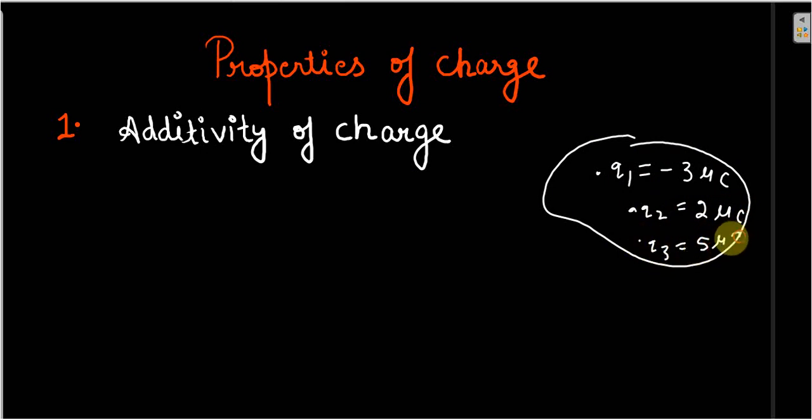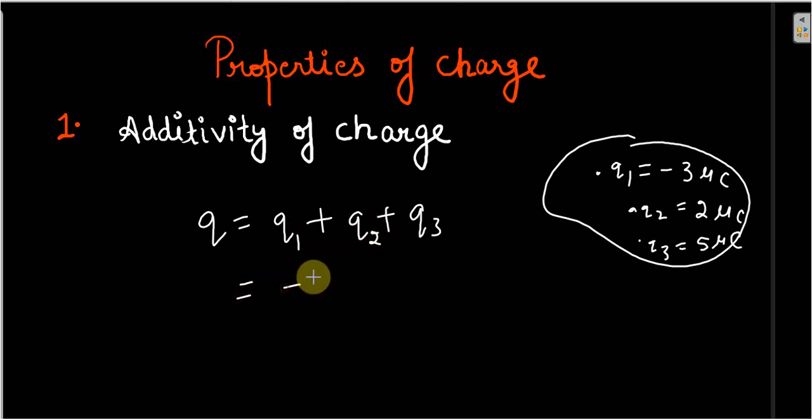So now what will be the total charge of the system? We can calculate the total charge by adding all three charges, charge 1, 2 and 3. What is the value of the first charge? Minus 3, Q2 is 2, Q3 is 5. So after adding, what will you get? 5 plus 2 is 7, 7 minus 3 is 4.